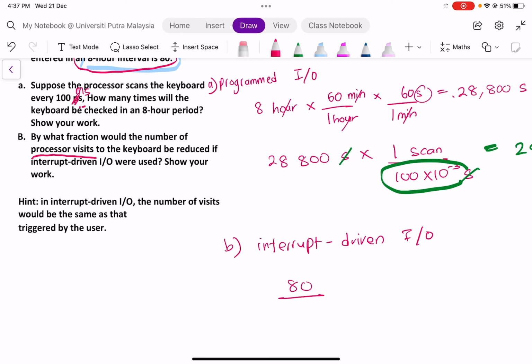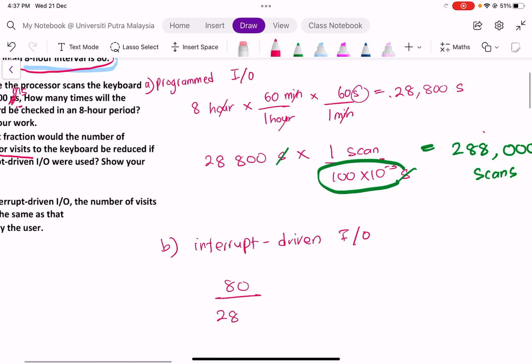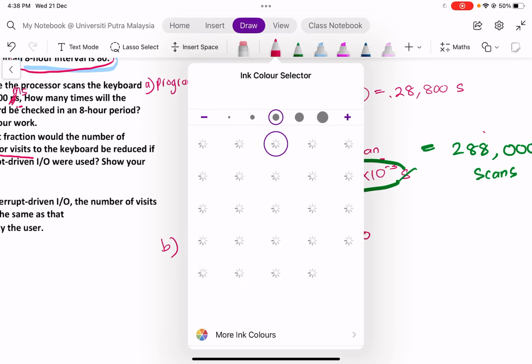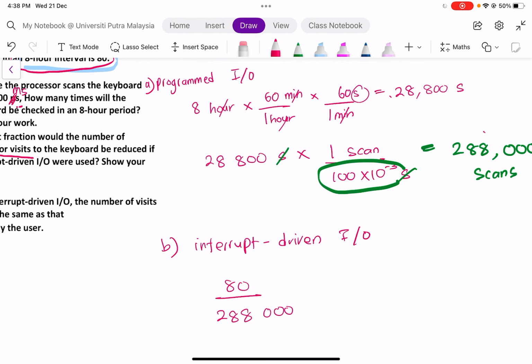So 80 divided by 288,000. This is commands over scans, or typically we just say both have the same unit, both are commands. So command over command, and we get the fraction.